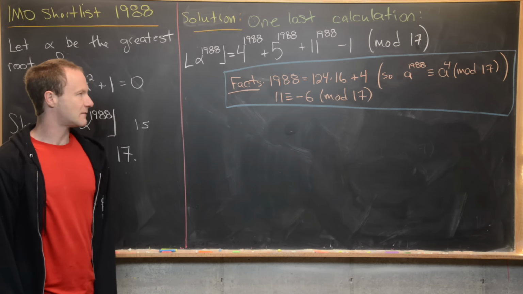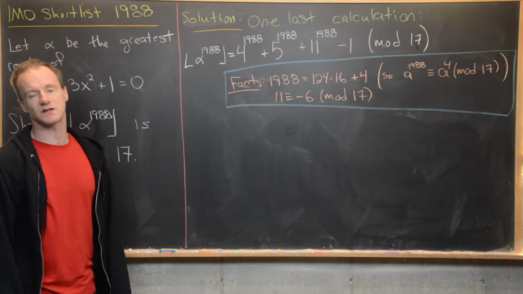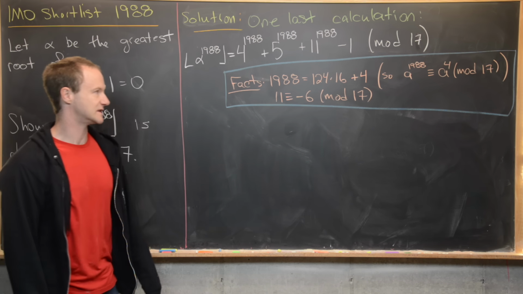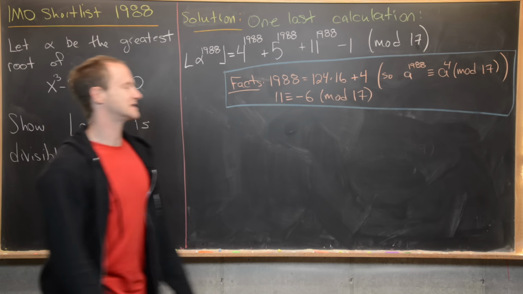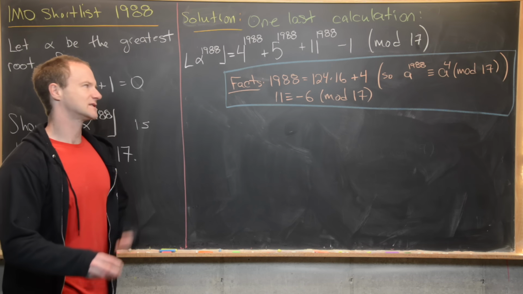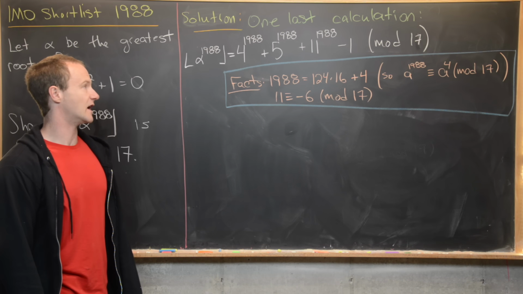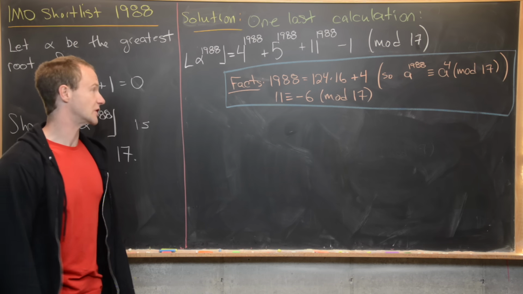And then using Fermat's little theorem, we know that anything to the 16 power is going to be congruent to 1 mod 17, which tells us that a to the 1998 is going to be congruent to a to the 4 mod 17. And this is obviously true if 17 does not divide a, but it doesn't divide any of these bases, so we're good to go there.